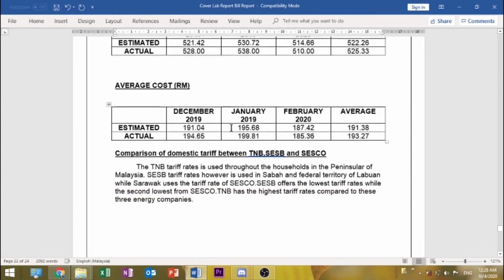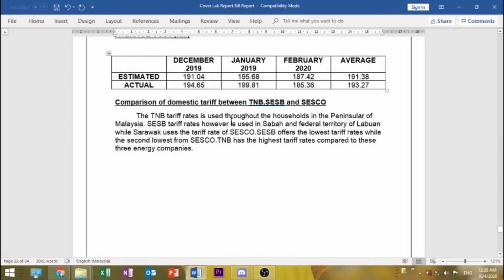So the comparison of domestic tariff between TNB, SESB and SESCO. So as I said, the TNB tariff rate is used throughout the households in Peninsular Malaysia, and the SESB tariff rate is used in Sabah and Labuan, while Sarawak uses a tariff rate from SESCO.